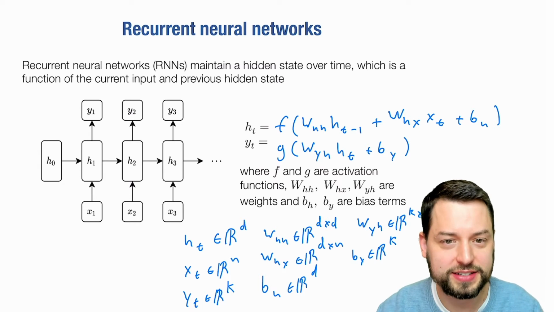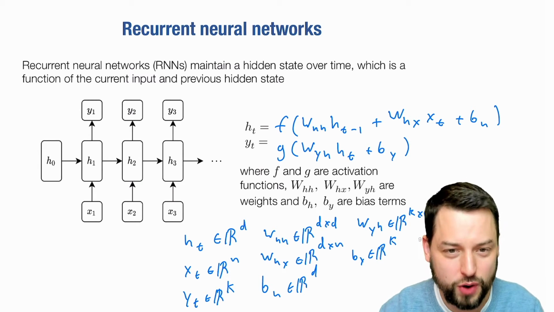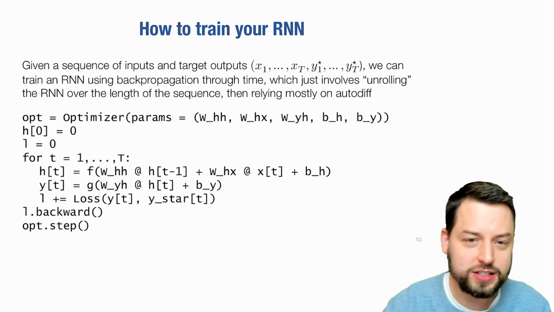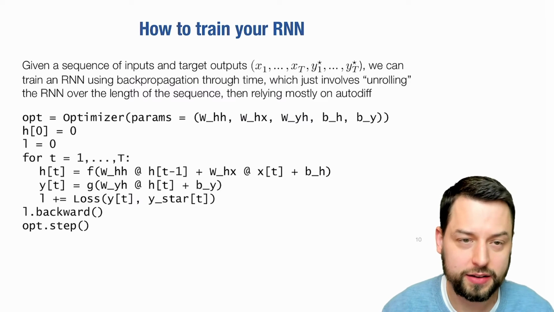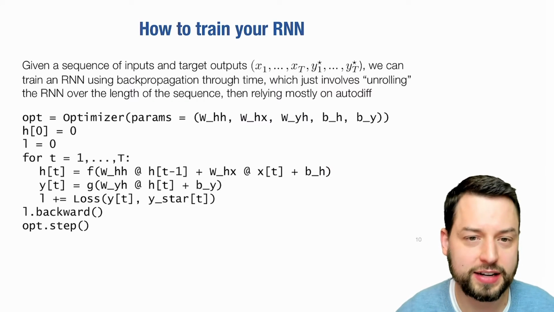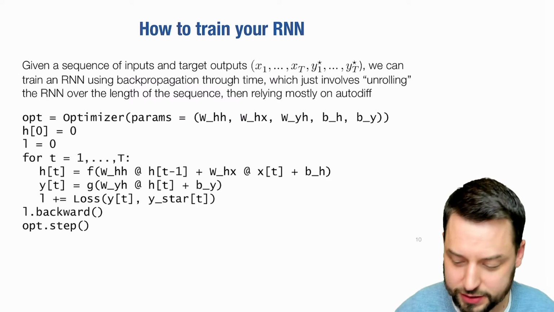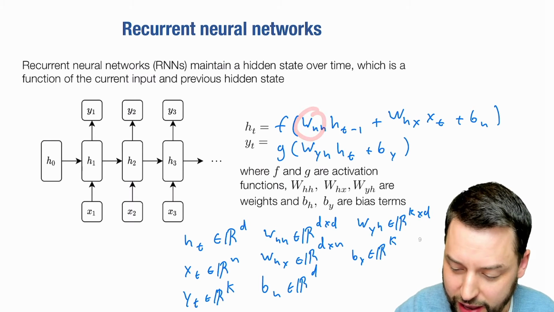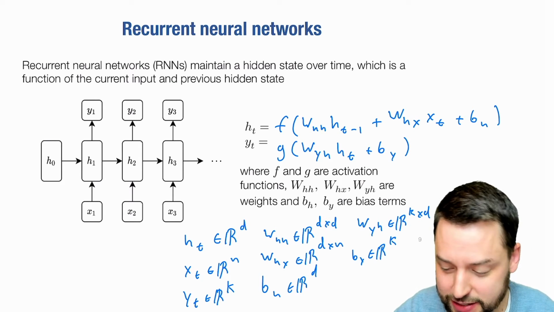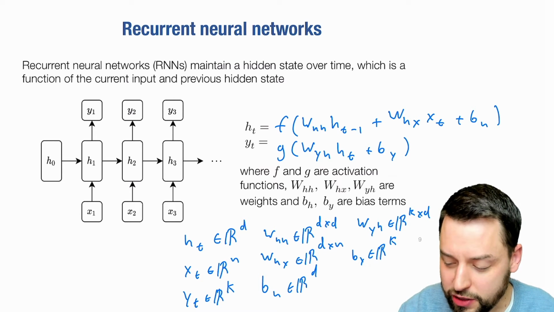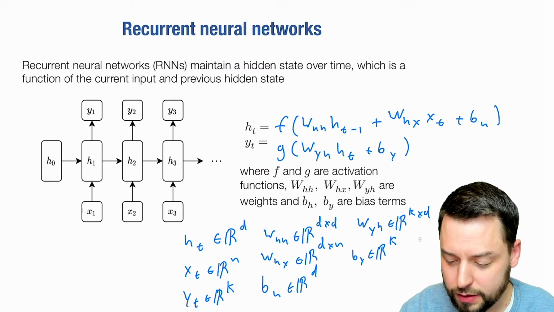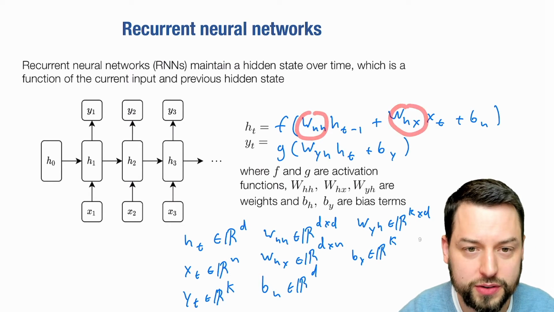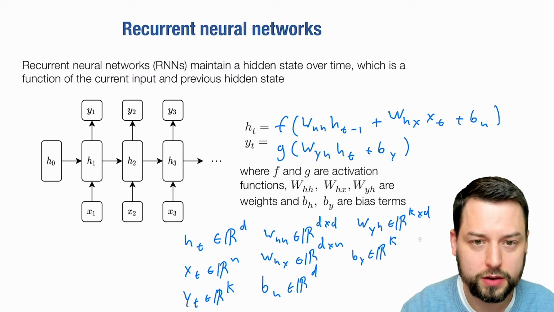All right, so that is, in a nutshell, the structure of a simple recurrent neural network. Now, the next obvious question is, how do we go about actually training a recurrent neural network? How do we learn the parameters of our network, which in this case are these matrices: WHH, WHX, the biases, etc.? Because these same functions are used to form all our predictions.